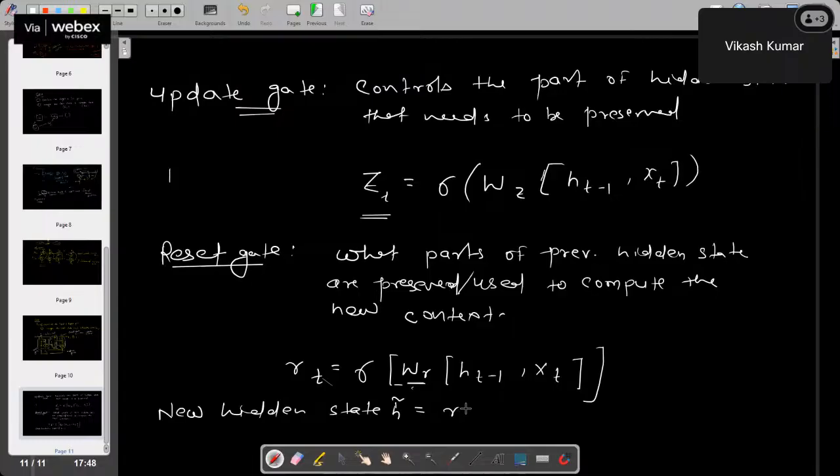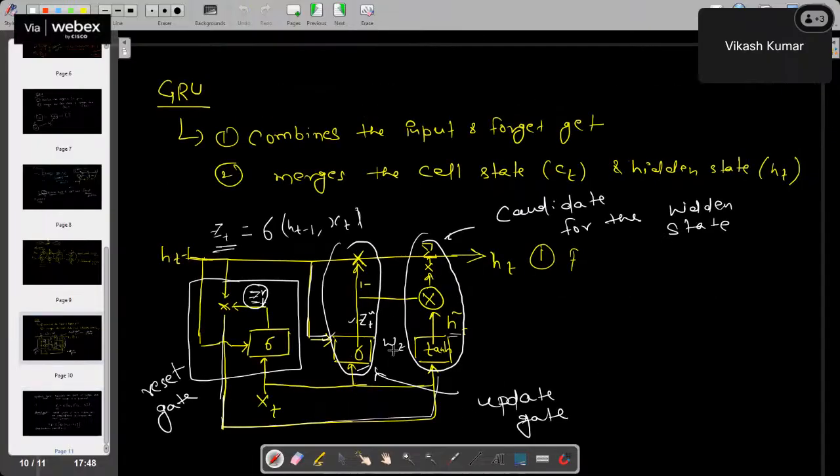So basically, if you can recall, this reset gate uses this information to decide how much of it will get added to the overall information. This is what it is going to do, isn't it?